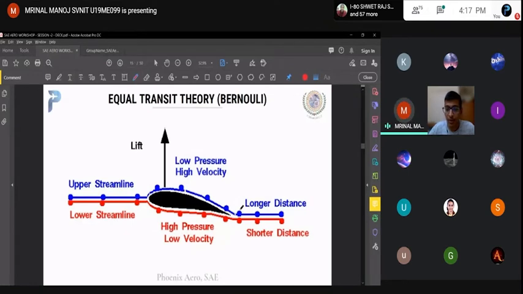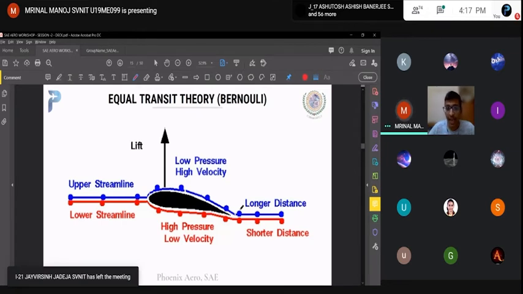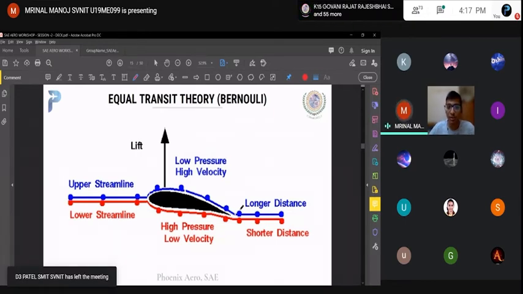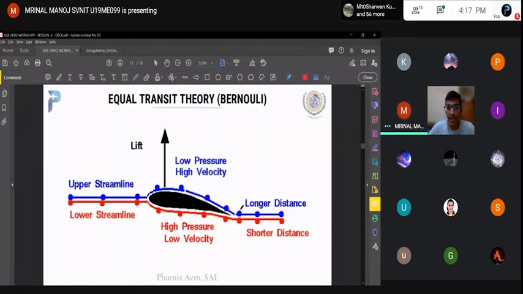That was one of the biggest breakthroughs: the air molecules do not meet, and when they actually calculated the lift generated by an airfoil during experiments, the airfoil generated more lift than what was calculated by Bernoulli's principle. That was one of the controversies that people couldn't resolve with Bernoulli's principle.